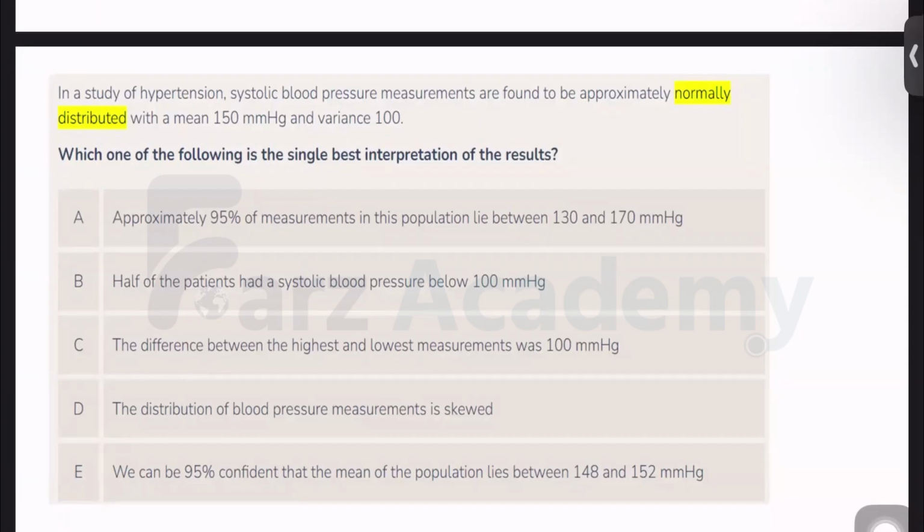With 150 as the mean, we will get 150 plus or minus 2 times the standard deviation. So 2 tens are 20. So 150 plus or minus 20 will cover 95% of the population, right? So 130 to 170 would be 95% of the population.